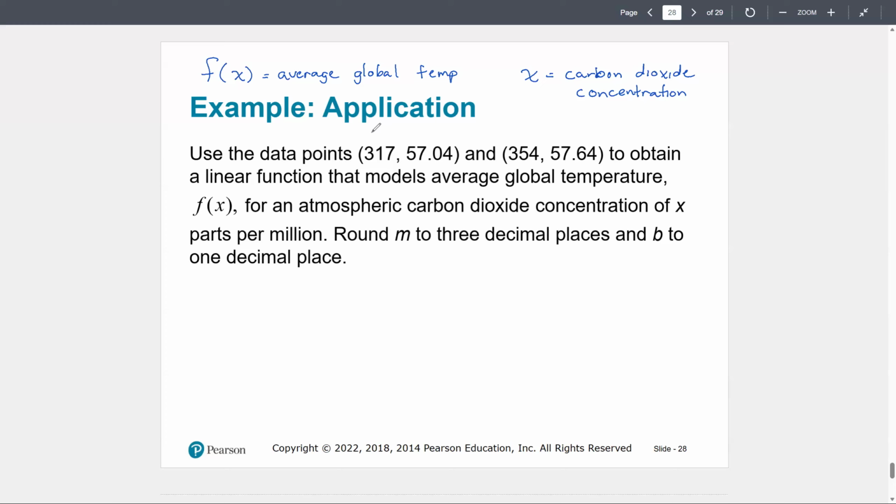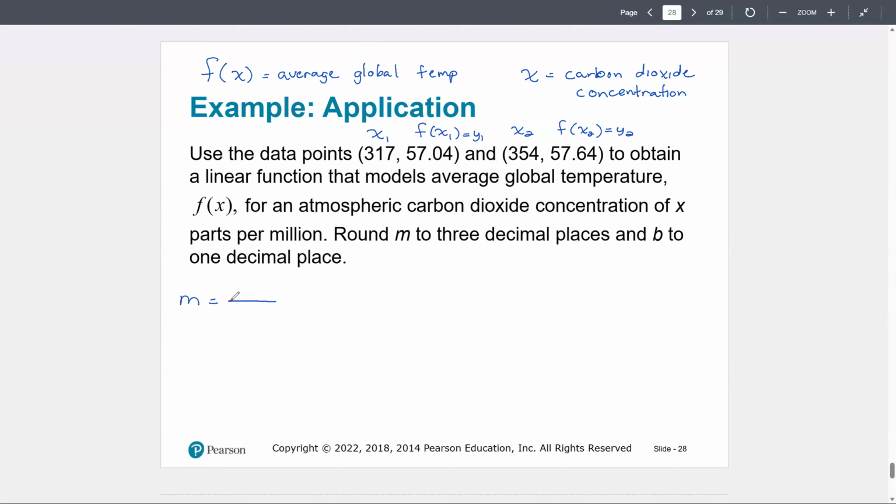So we have a set of points. We have an x and an f of x, or x1, f of x1, x2, f of x2. And we know we can replace that with y1, y2. Just remember that when we finish this, y has to be f of x.